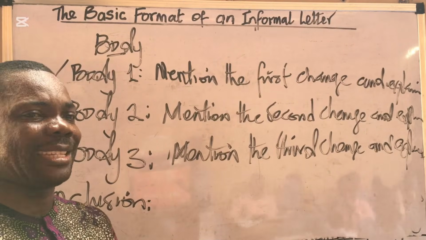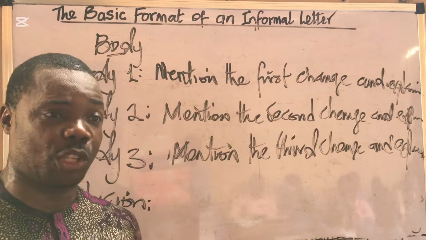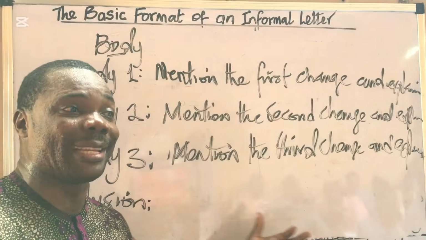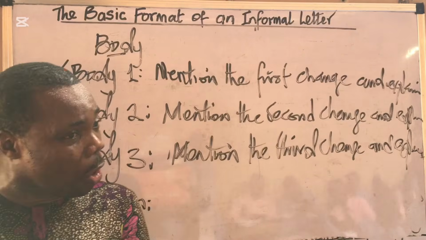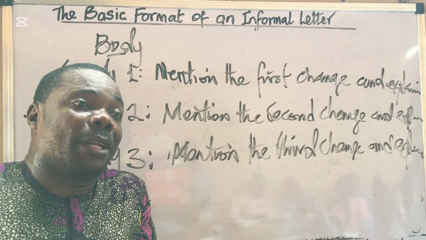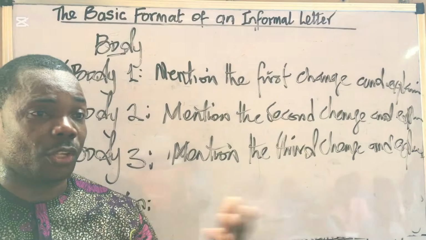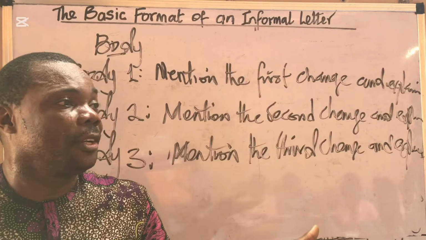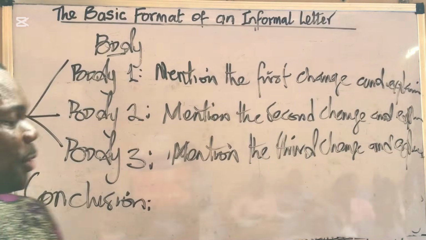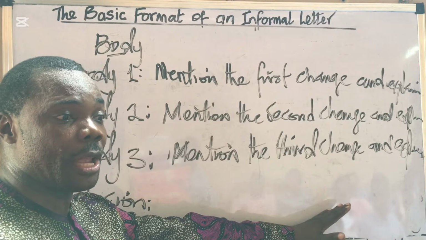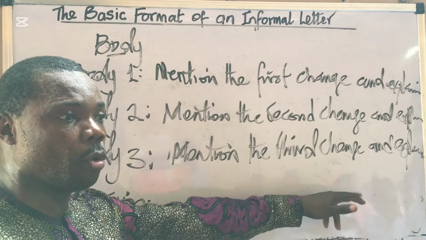So I've written that in anticipation of what? A response from him. After that, you now extend your greetings to the people that you know he has over there with him. If you don't know anybody that he has there, just say, extend my greetings to your friends, and then your lecturers, if you like. So after sending greetings, you say, I look forward to what? Hearing from you. Full stop.